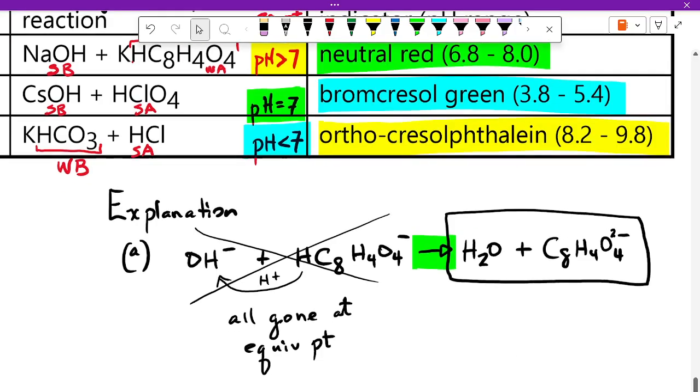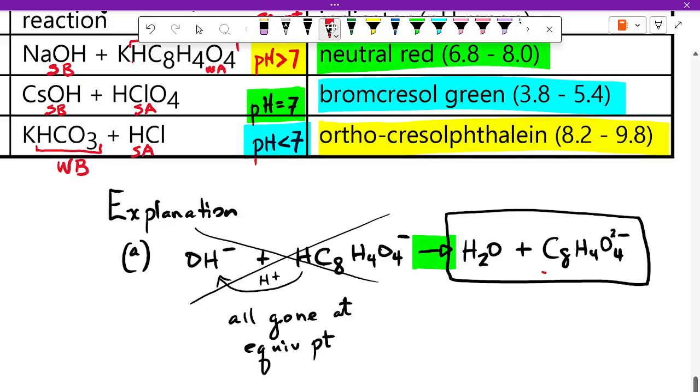Hydroxide will rip all the hydrogens off, and so all we're left with is water and C8H4O4 2 minus. Which of those things is making the pH greater than 7?